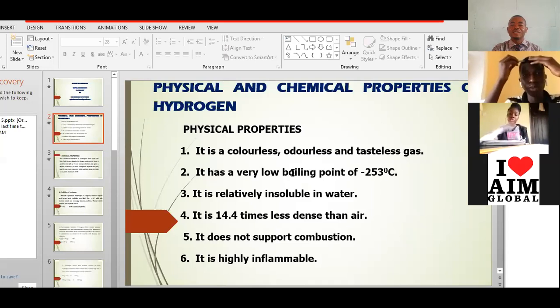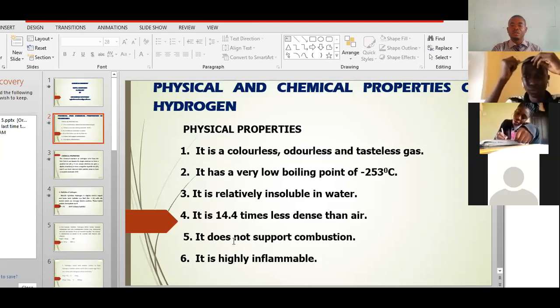Boiling point. Number 3, it is relatively insoluble in water. Number 4, it is less dense than air. Good of you. Number 5, it does not support combustion. Number 6, it is highly inflammable. God bless you. Inflammable. Yes.